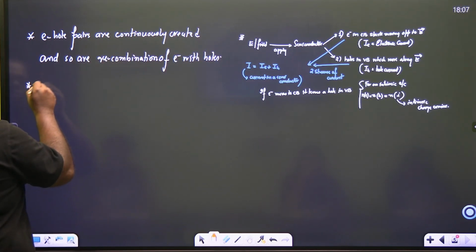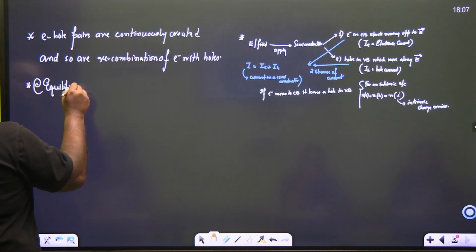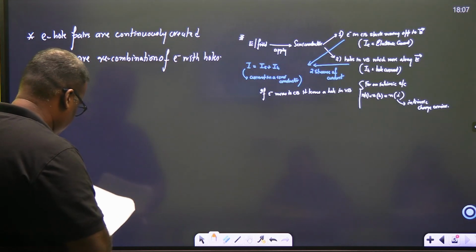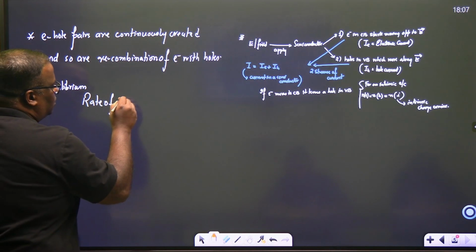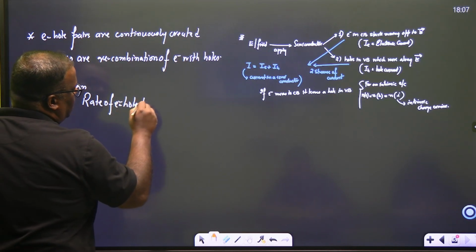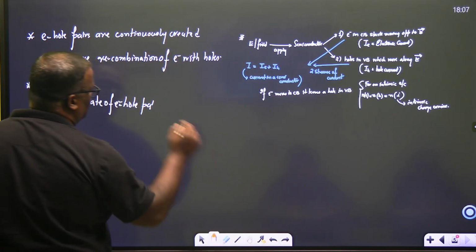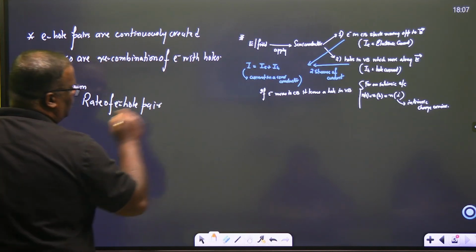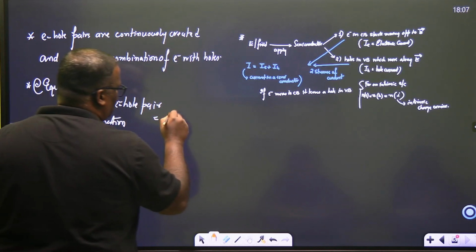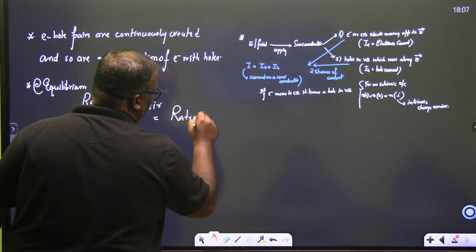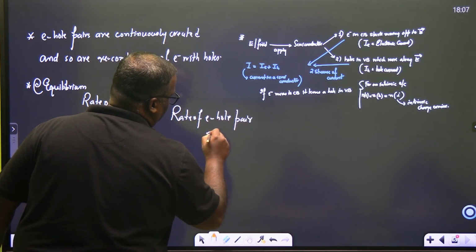So what happens at equilibrium? There has to be some equilibrium. So at equilibrium we say the rate of electron-hole pair formation must be equal to the rate of electron-hole pair recombination.